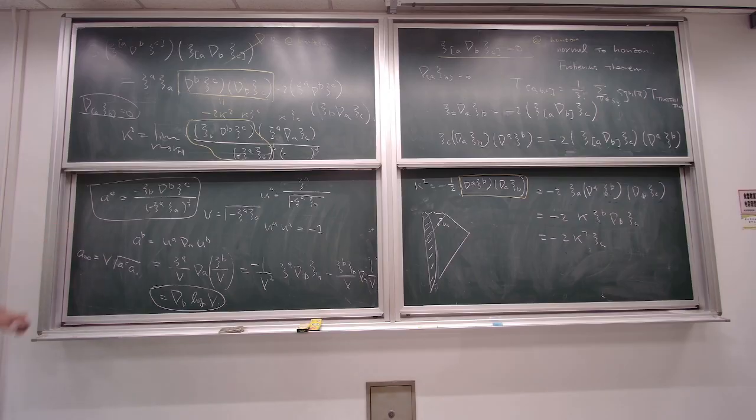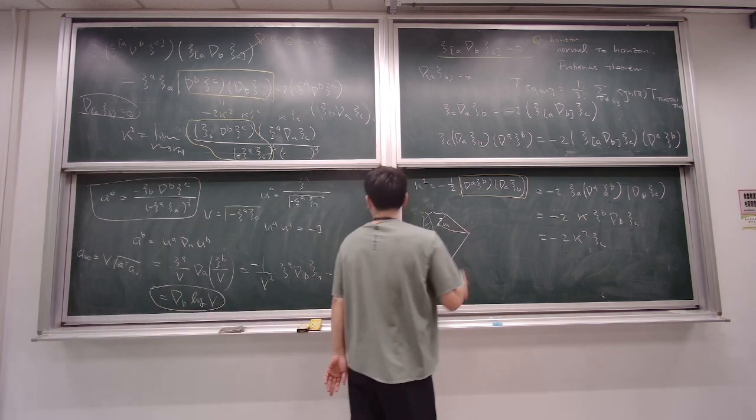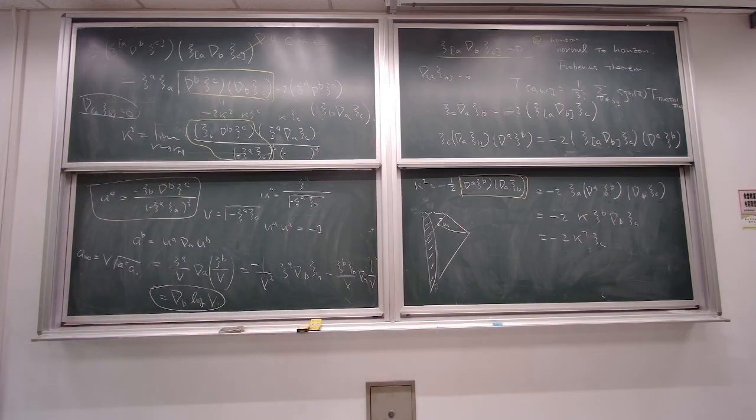So therefore, in any case, the acceleration measured at infinity, with infinite strength, will give you kappa. That's a physical interpretation of this surface gravity. I hope I don't make any mistake.